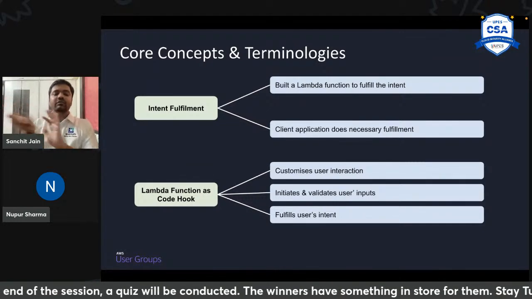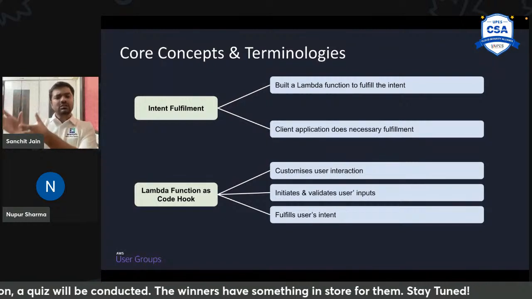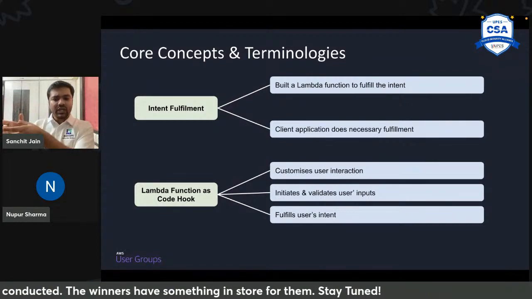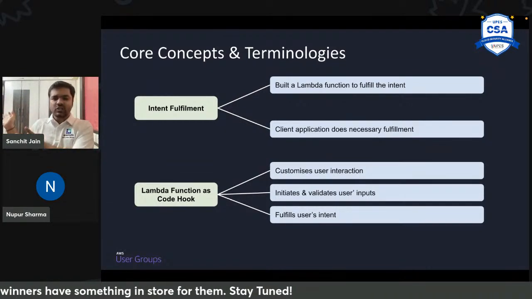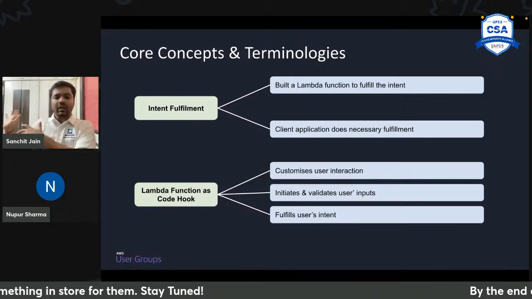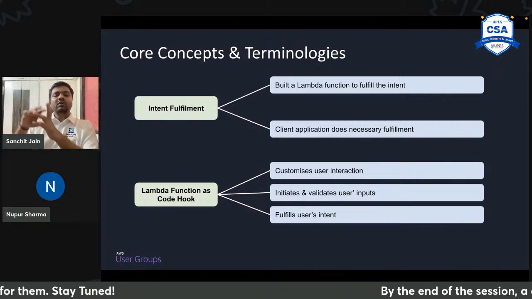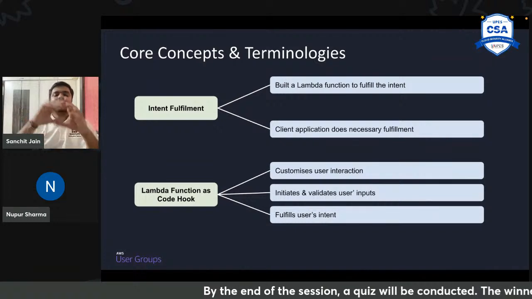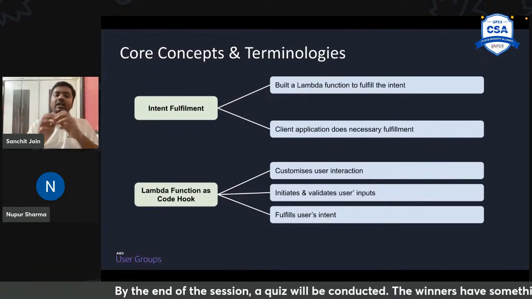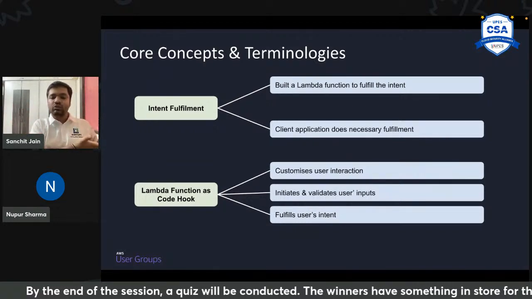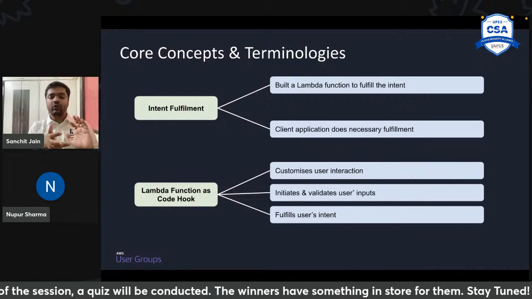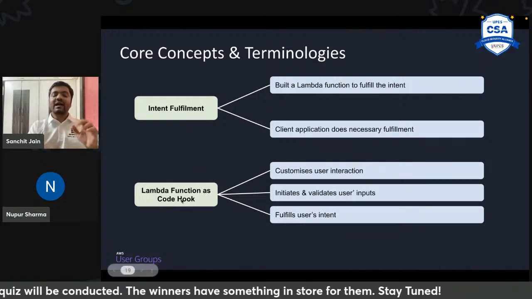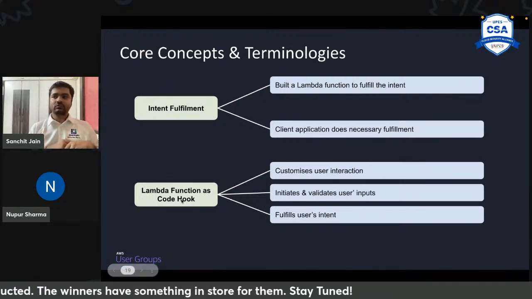Lambda will process it and give the response back. Lambda might have its own machine learning code hosted in it, or it might talk to SageMaker or any other API or Rekognition. That is fine, but it will just invoke any of the machine learning services, get the response, and Lambda will package the response which you got from machine learning and give it back to the bot. That causes intent fulfillment.